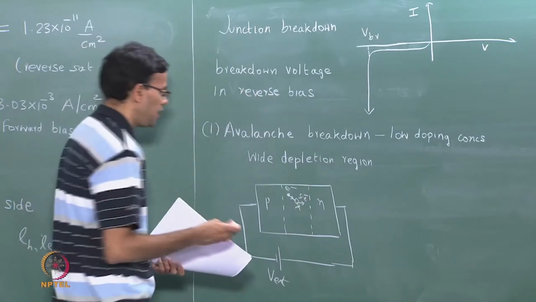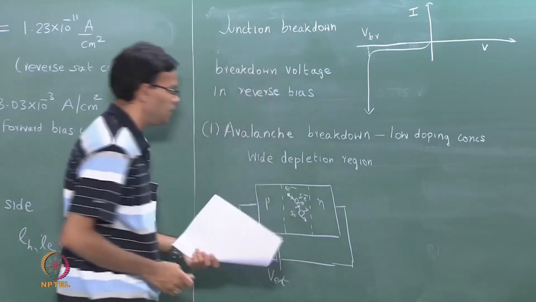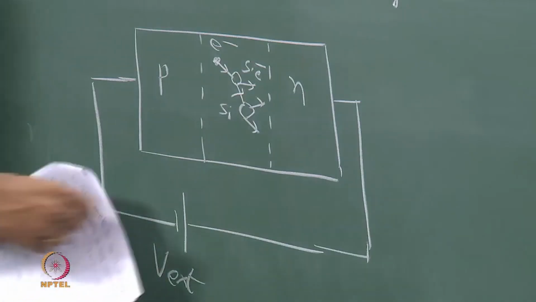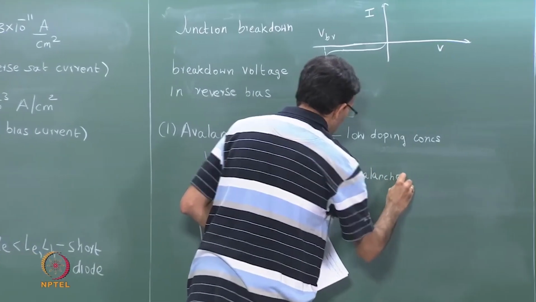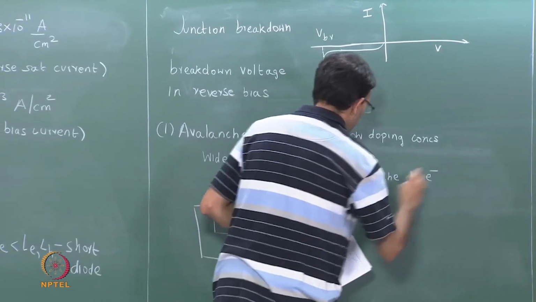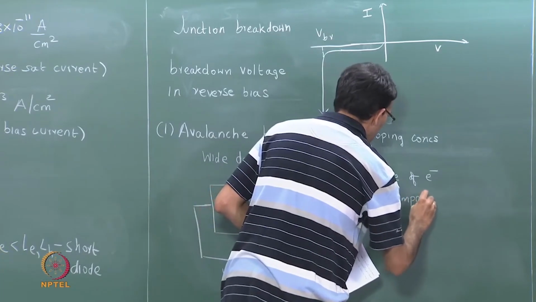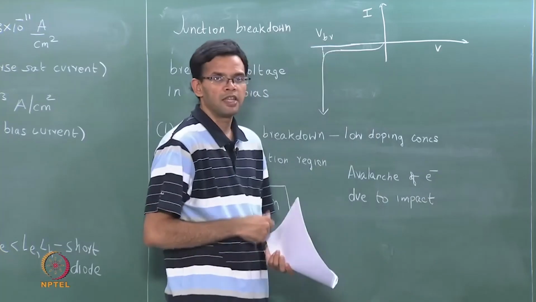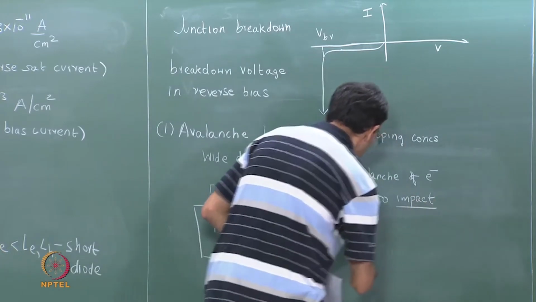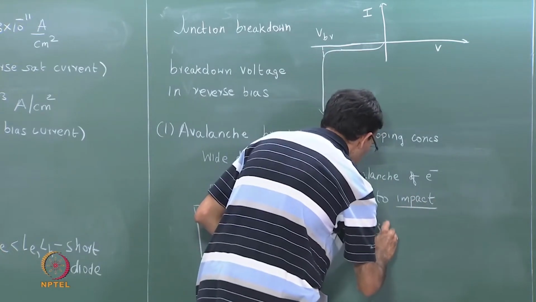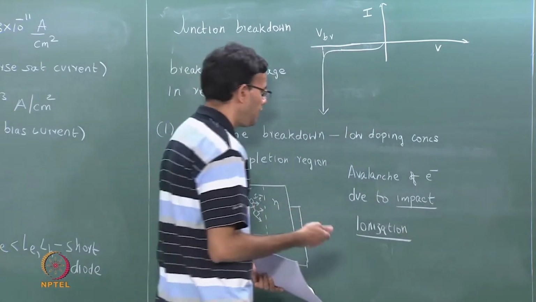This in turn can interact with another silicon atom, so that you have an avalanche of electrons that are produced. So, this effect where the electron hits a silicon atom and ionizes it is called impact ionization. And the effect of this is that you have a large current.